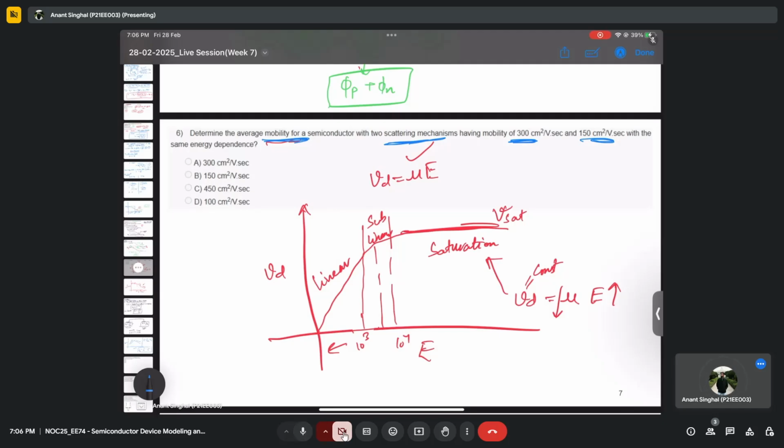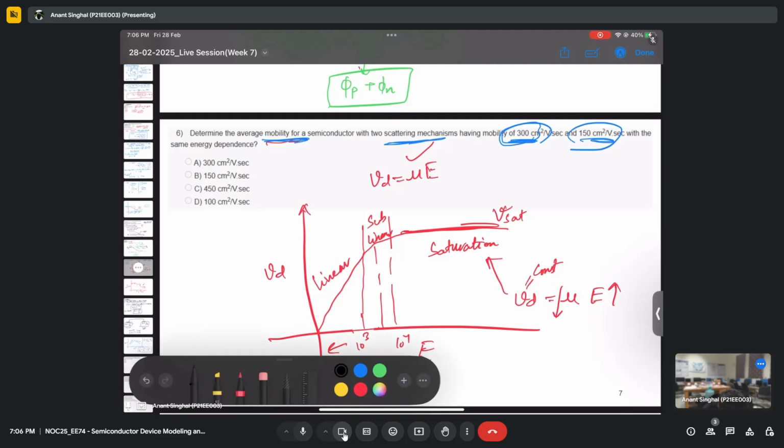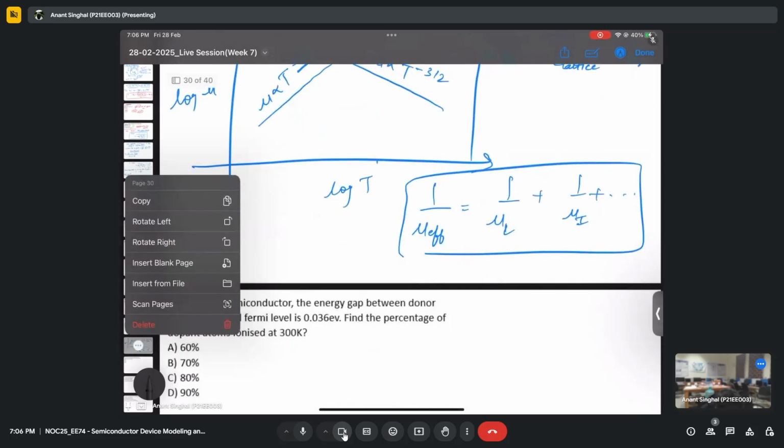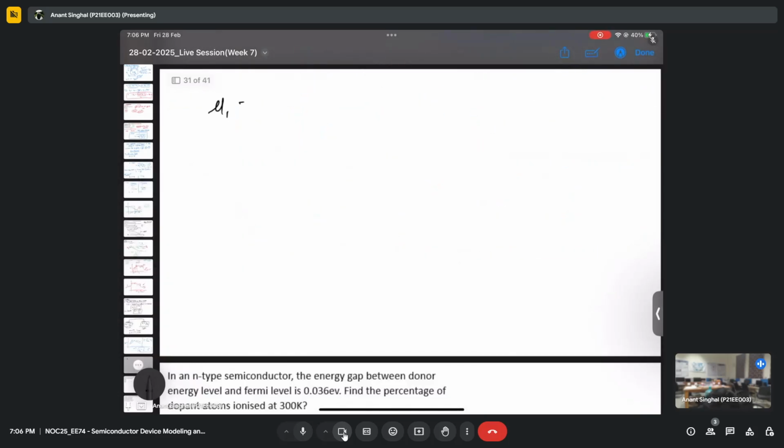As I said, the first mobility mechanism is 300 and the second is 150. So mu1 is 300 centimeter square per volt second, mu2 is 450 centimeter square per volt second.